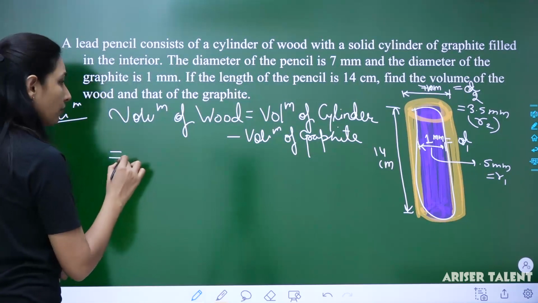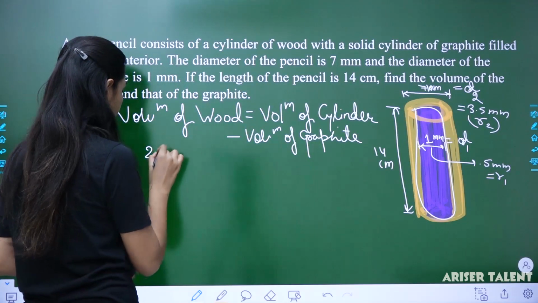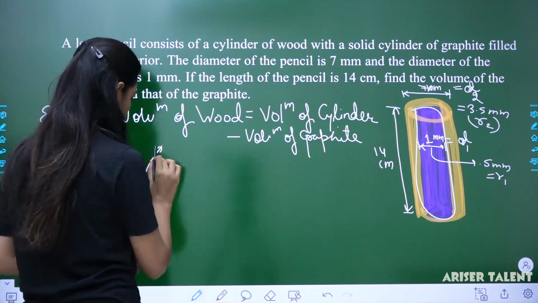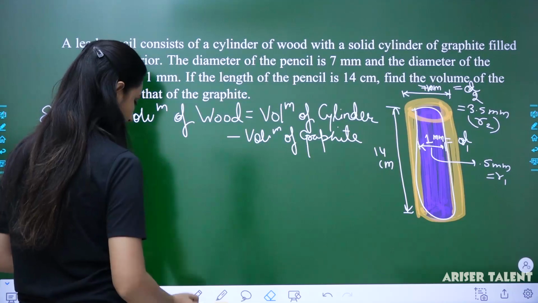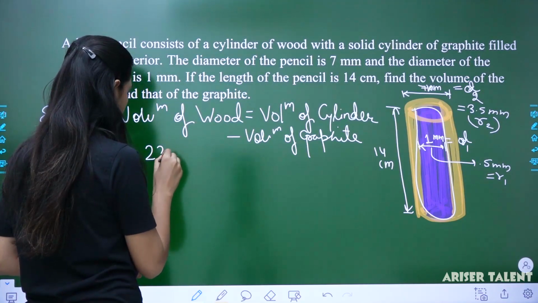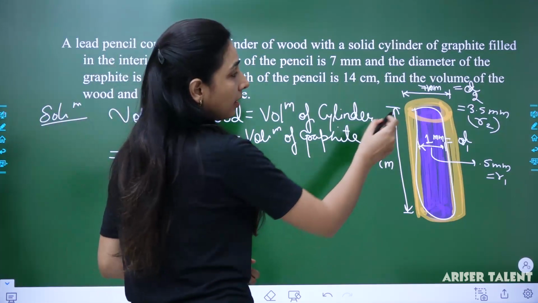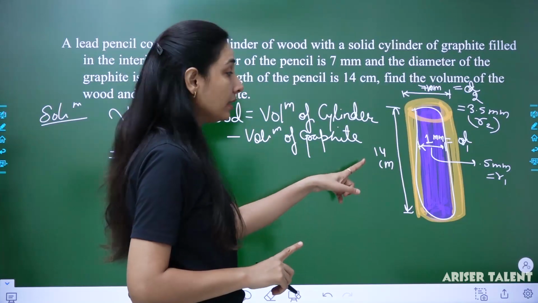Here it will be the volume of cylinder I am talking about, pi r square h. Now radius is 3.5 mm and we are calculating in centimeters.